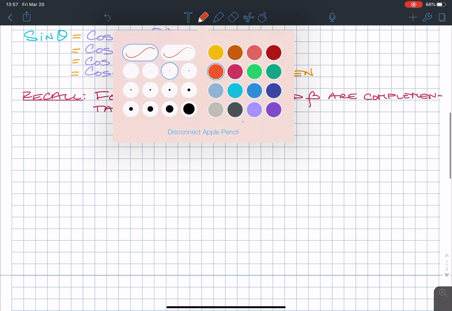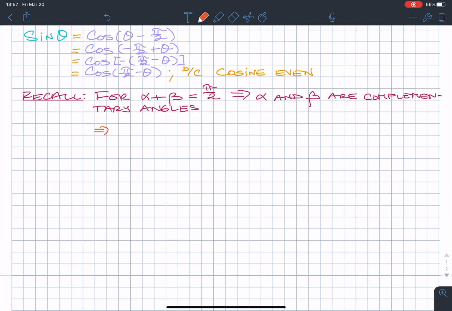And that also implies that, so we have alpha plus beta is pi over 2. That means that beta can be thought of as pi over 2 minus alpha, or I could have alpha is pi over 2 minus beta. Either way, both are true.